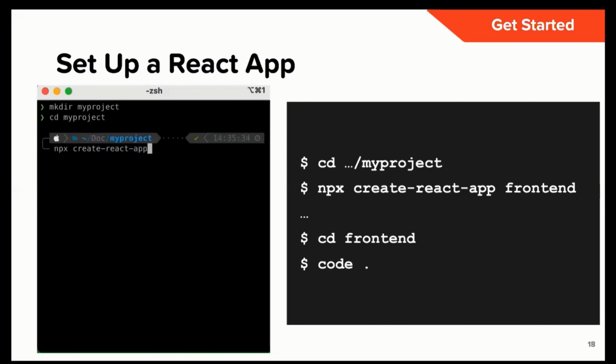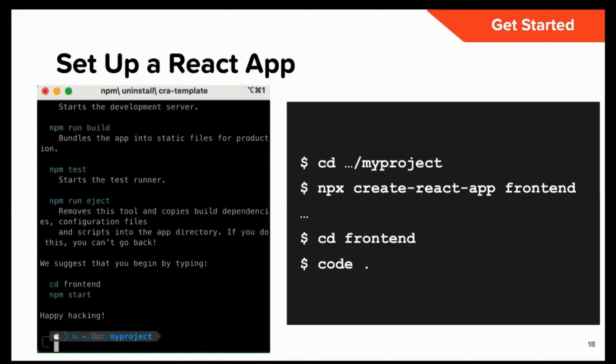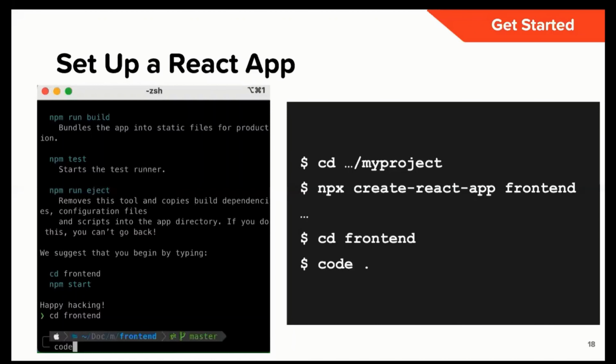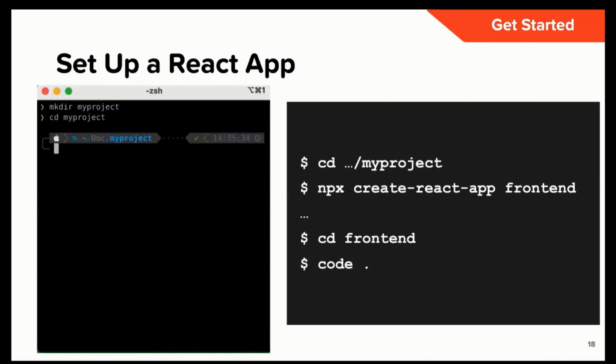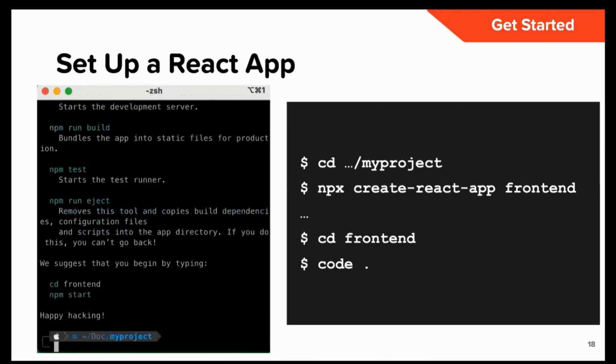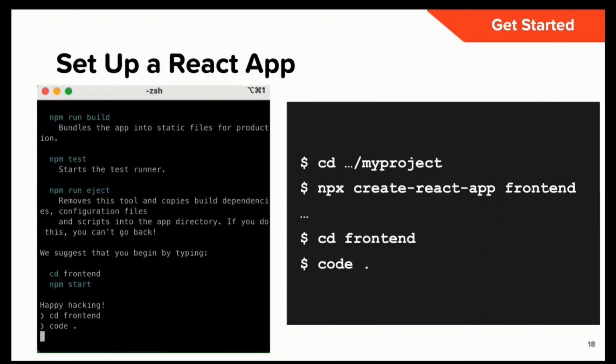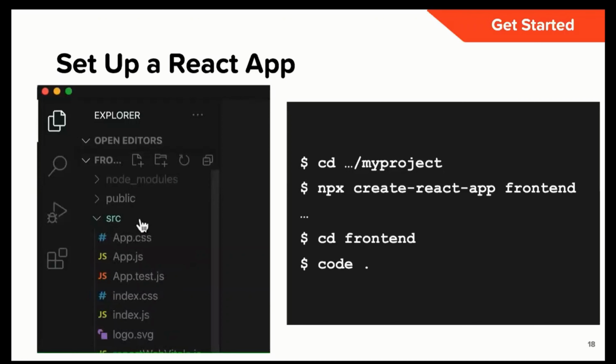So once you've installed Node, we can use it to begin to import libraries into our project. First we need to create our project. So you're going to create a My Project folder, and then you will use the command npx create-react-app, which tells us we're going to install the create-react-app library into a new folder called frontend, and then we're going to open that folder and play with it in Visual Studio Code.